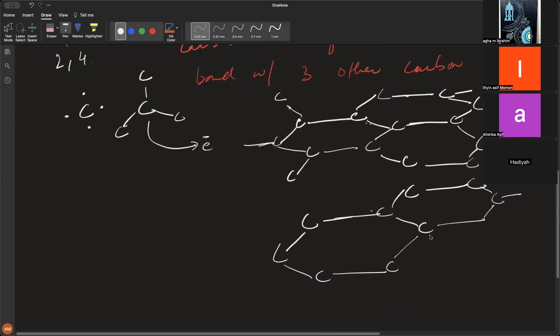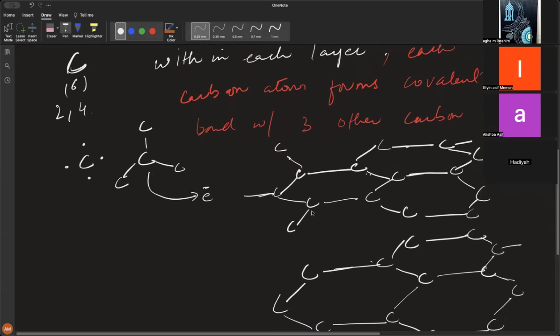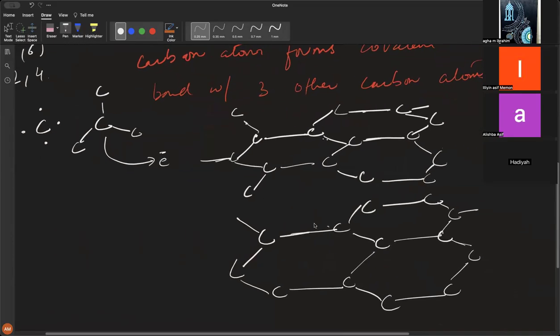This is how they make layers. And if you look at it, each carbon is only making bonds with three other carbons.